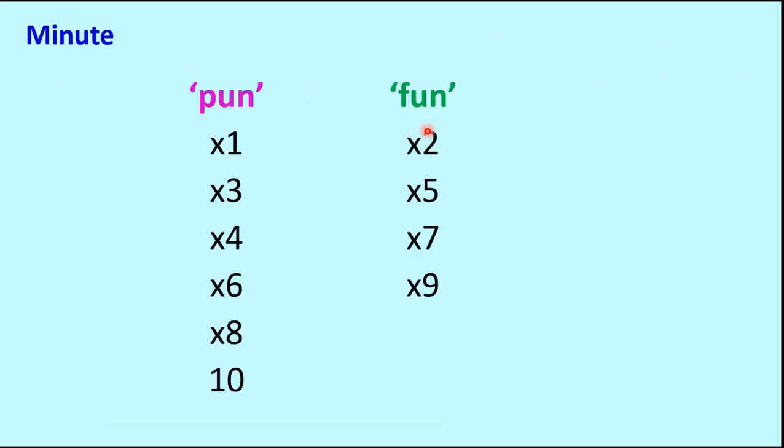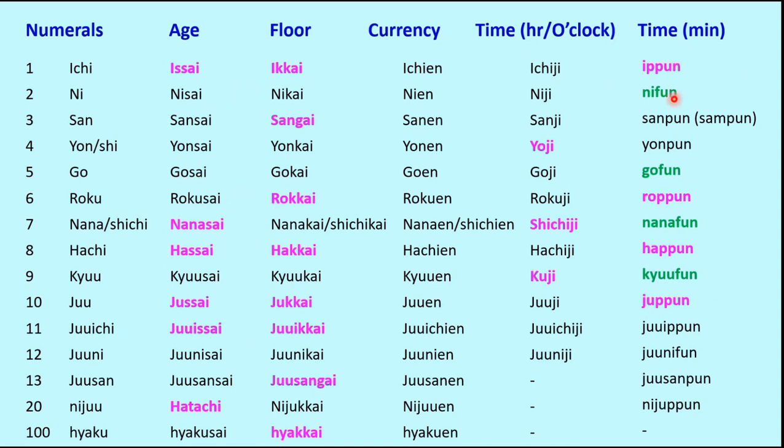Minutes which are ending in 2, 5, 7 and 9 will end with hun, and minutes which are ending with 1, 3, 4, 6, 8 and 10 will end with pun. So ippun, nihun, sampun. Here it is sanpun, but when we pronounce it, it becomes sampun.